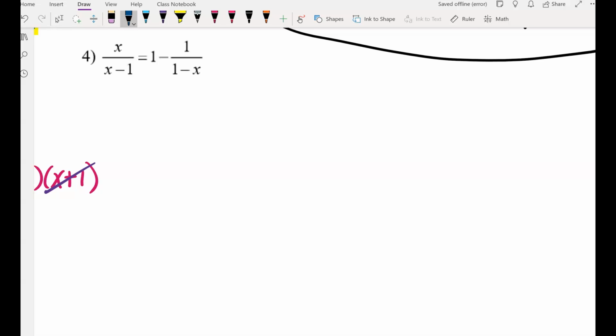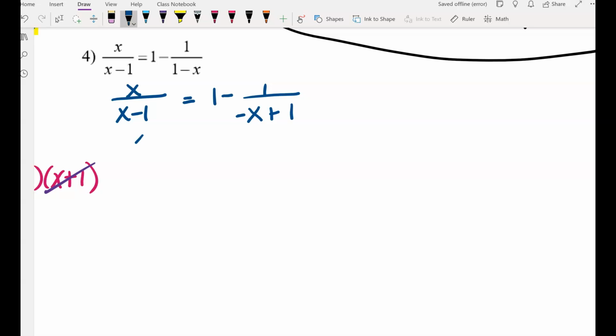I normally like to write my questions in order. What I mean by that is in descending order. I'm sorry, this is a minus. So I'm going to write it with the highest power of x first. So this is a negative x plus 1.